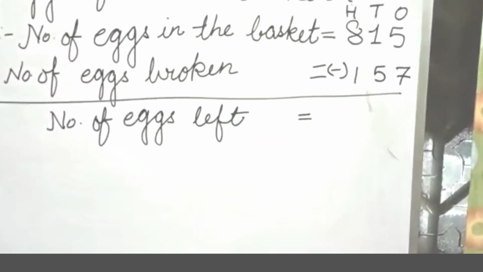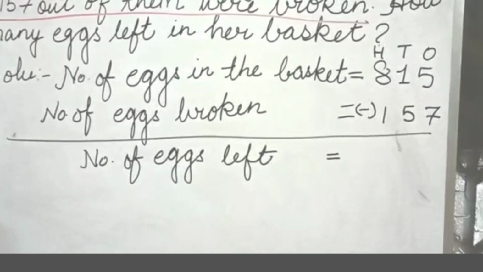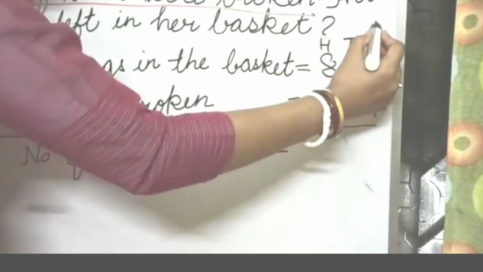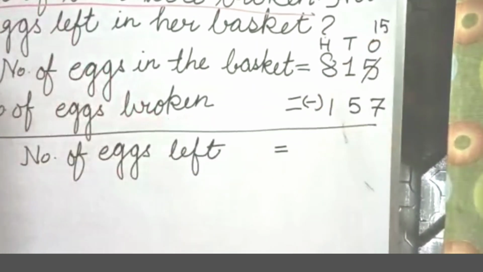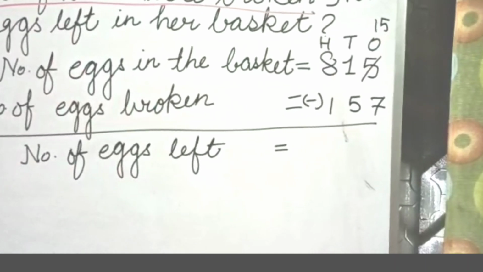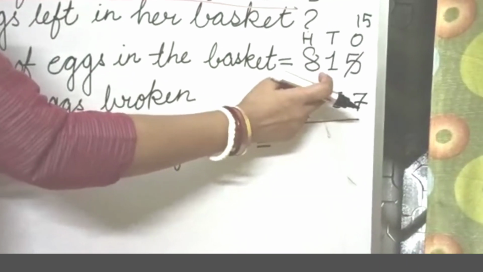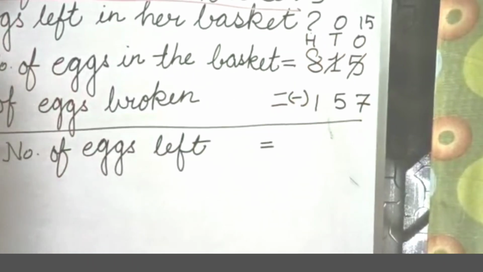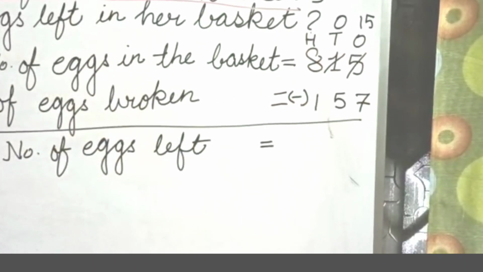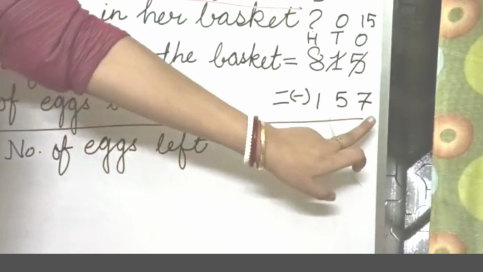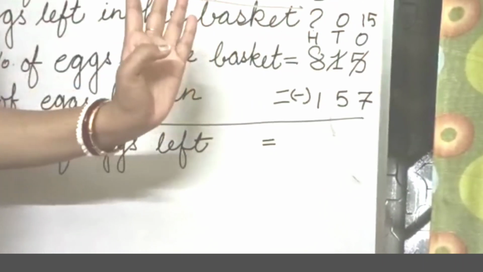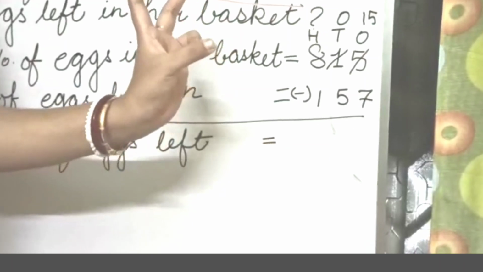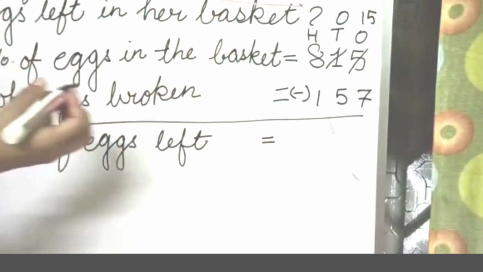Now do the subtraction. First we have to subtract 7 from 5, but as it is not possible, we will cut 5 and make it 15. And as we have borrowed 1 from here, 1 is becoming 0. Now see it very carefully, students. First you subtract 7 from 15: 8, 9, 10, 11, 12, 13, 14, 15. So we write 8 here.